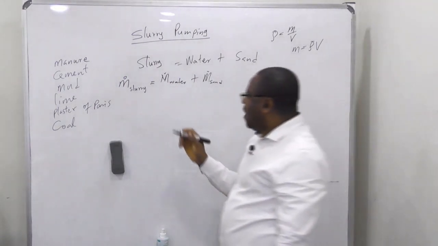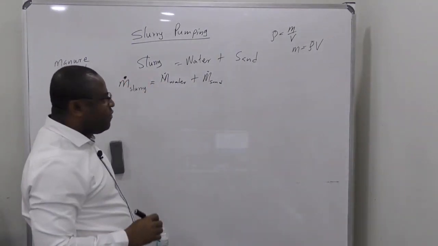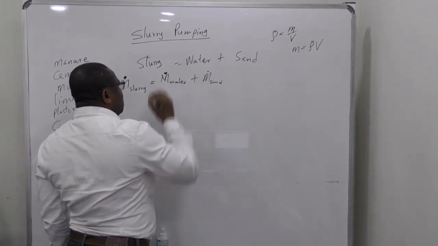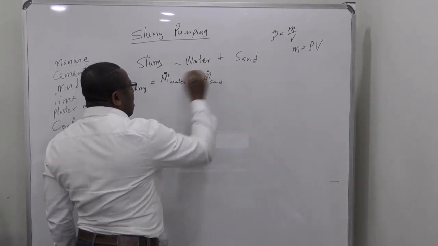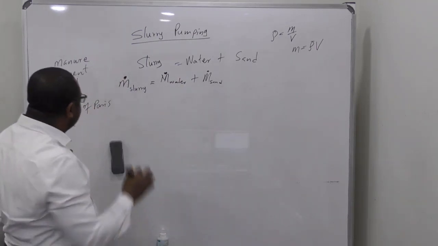Okay, so even if you are looking at the mass flow rate, remember if I put here, that's the mass flow rate of this slurry. It's mass flow rate of the sand and mass flow rate of the water plus that of sand.